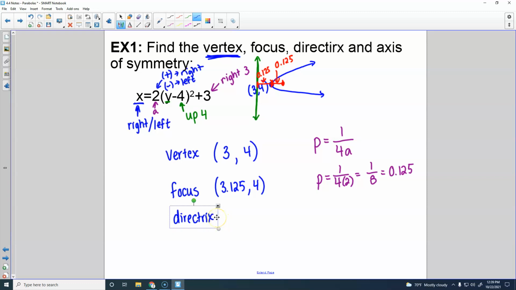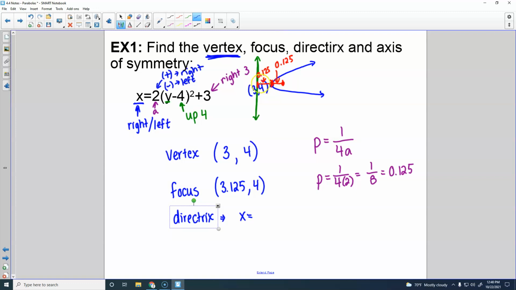All right. Directrix is similar, but it's in the opposite direction, and it's a line, not a point. So first of all, we have a vertical line. What does the equation look like for a vertical line? X equals, right? So it is going to be x equals, and then my x coordinate right here at my center was 3, but I had to go to the left 0.125.